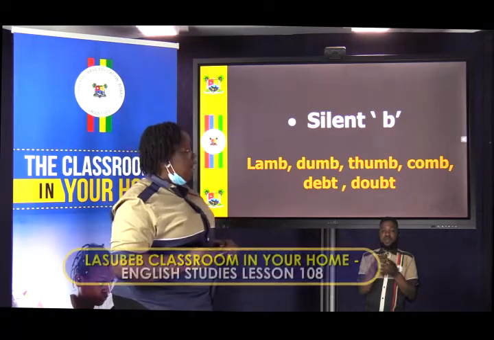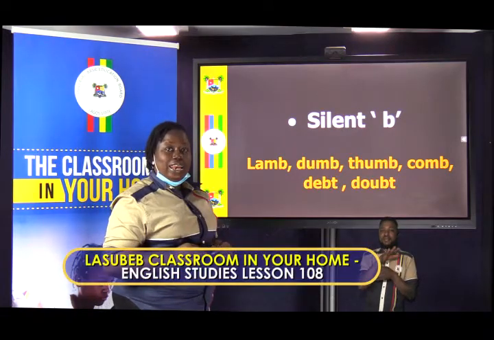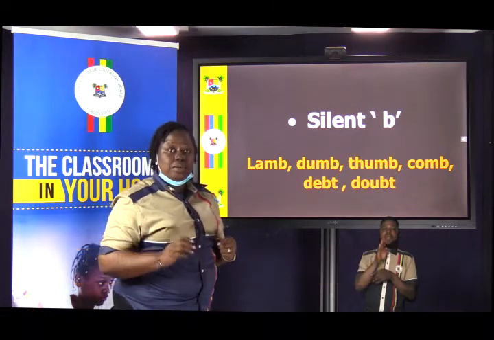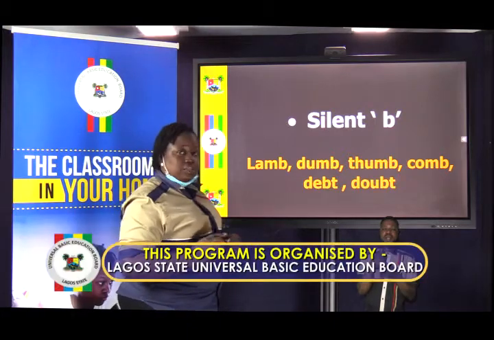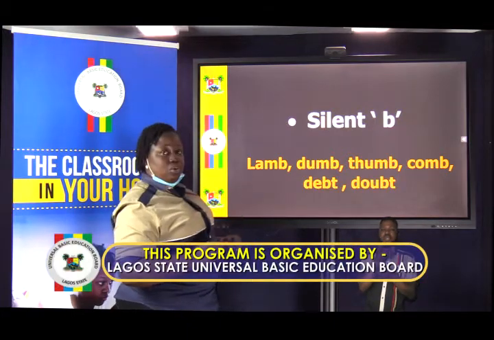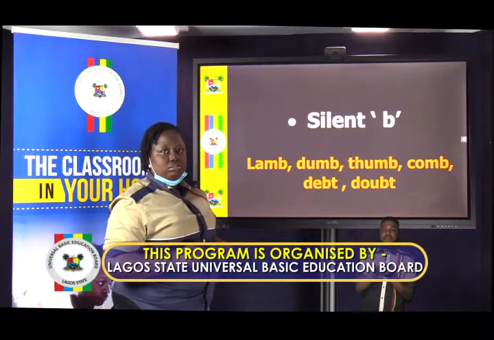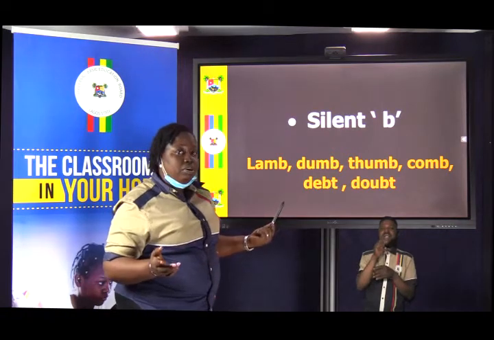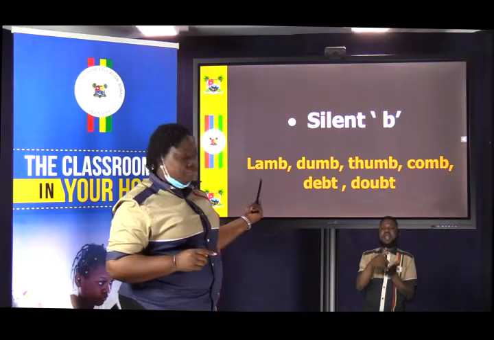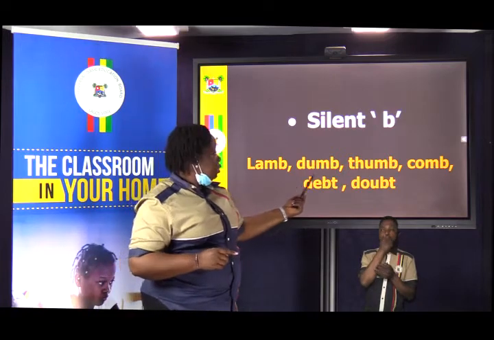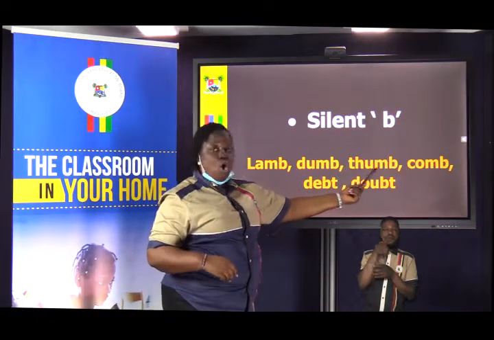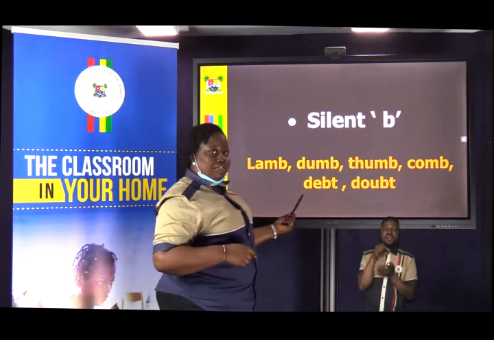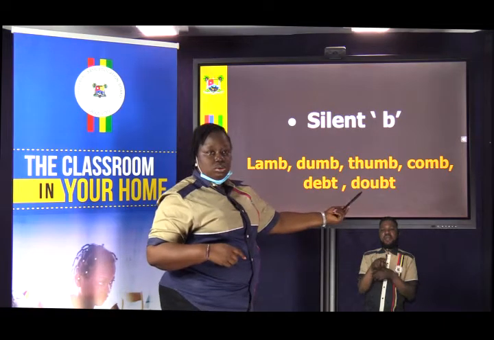In these words, we have silent letter B. B as in bag. Here are the words. Lamb. You don't say lamb with the B. Dumb. Thumb. Comb. Death. Doubt.